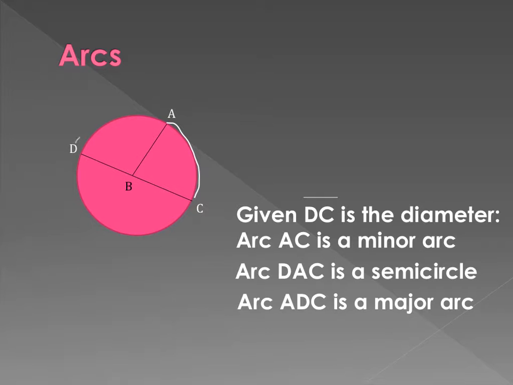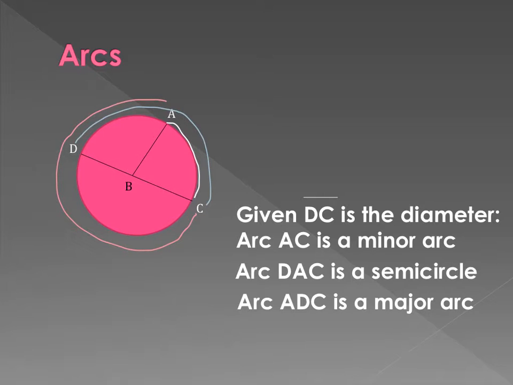So I go from D to A to C. And that's half the circle, which would be a semicircle. And then arc ADC, so now I'm going A to D to C around this way, would be a major arc. So pay attention to the order of the letters because it will tell you which way you should be going around your circle.